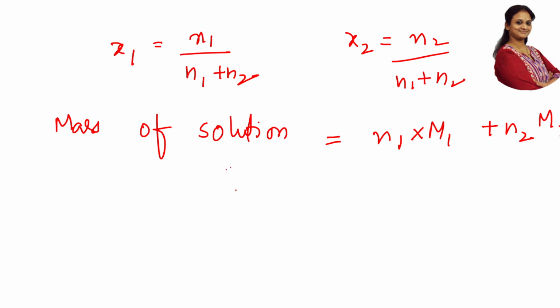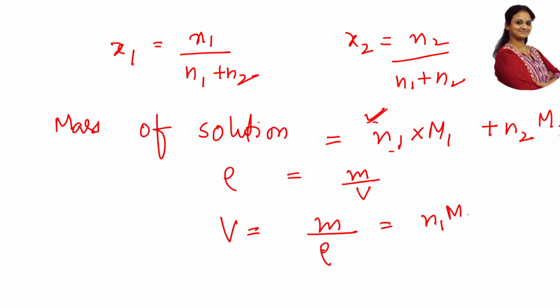Now, what is density? Density is equal to mass by volume. Now, take out volume because I need volume in molarity. So, volume is equal to mass by density. Now, what is mass equal to? We have got it here, right? So, substitute that here. N1 M1 plus N2 M2 divided by density.